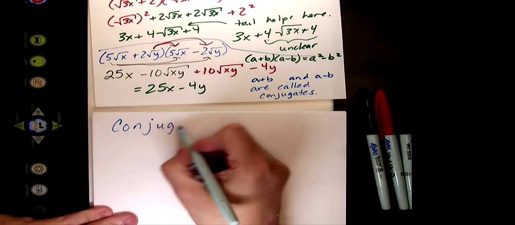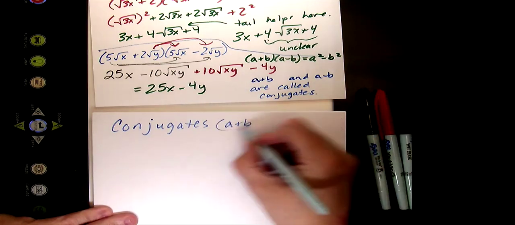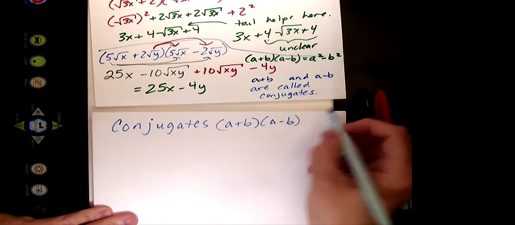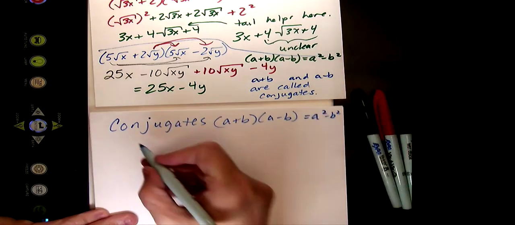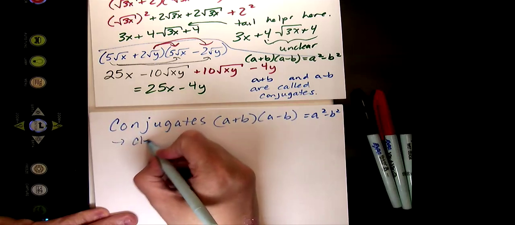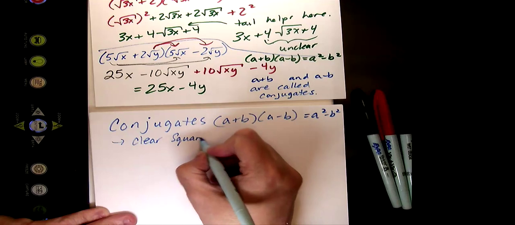When they multiply together, they give you that difference of squares, but they clear radicals, they clear square roots, I should say.